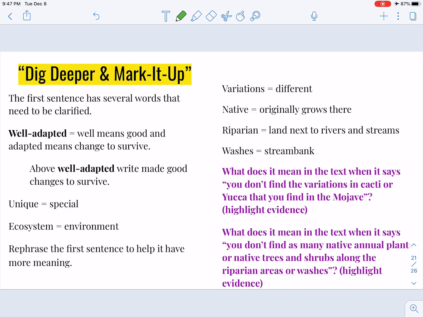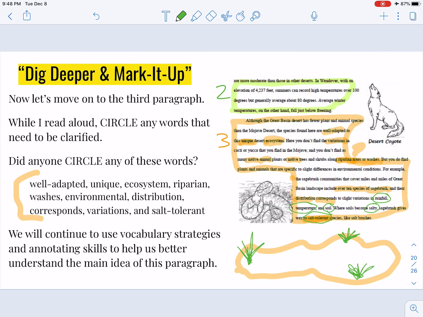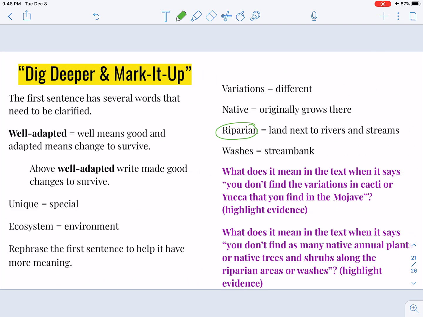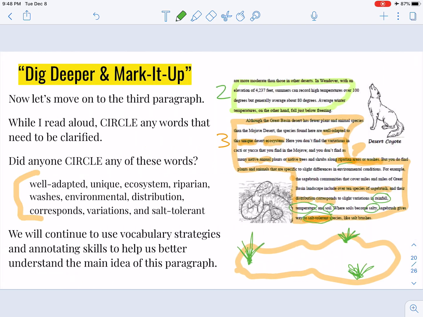Now, a word that we didn't know was riparian. Riparian means that it is land next to rivers and streams. So let's go back and let's see how we can fit that in. Remember right here. Here you don't find the variations in cacti or yucca that you find in the Mojave, and you don't find as many native annual plants or native trees and shrubs along the land next to rivers and streams or washes.